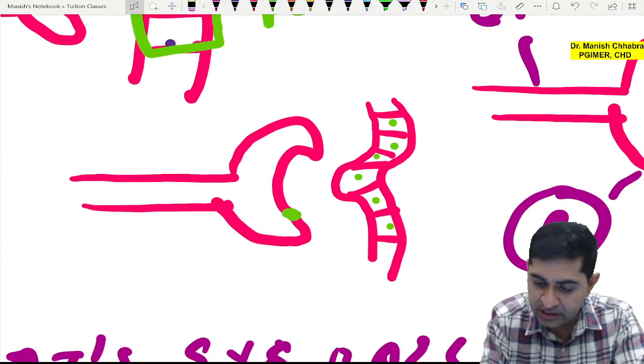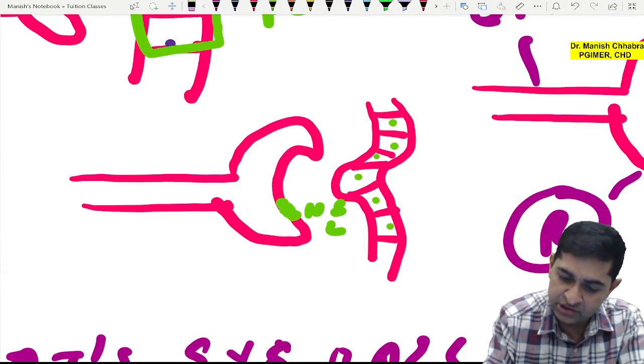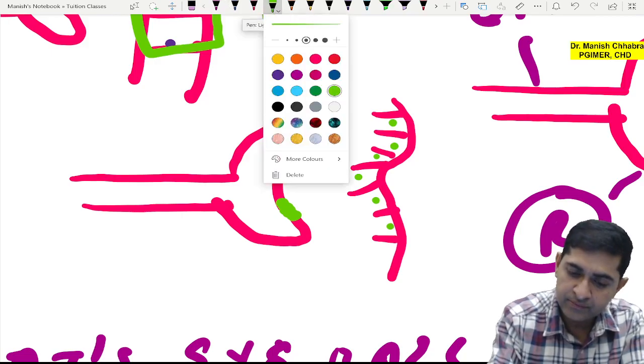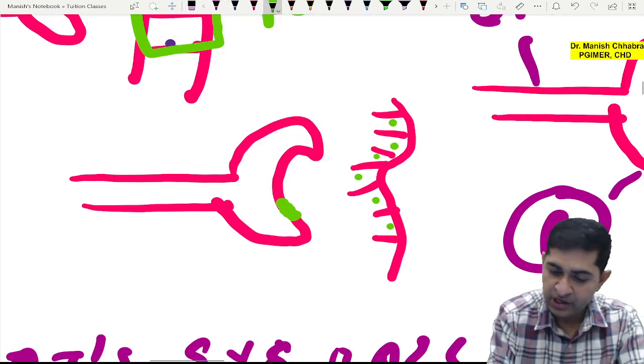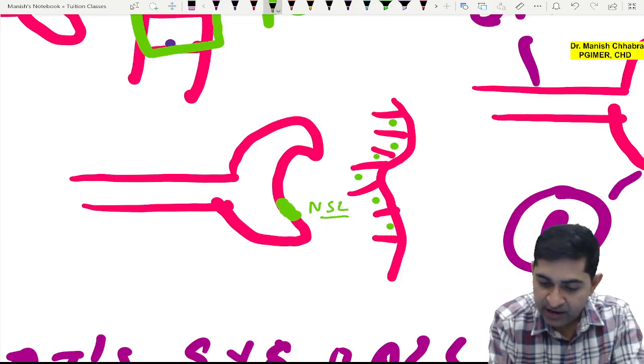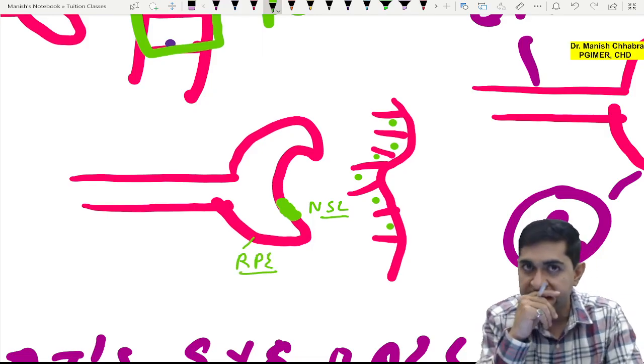So this is your inner layer. This is known as the neurosensory layer, while this is known as retinal pigmented epithelium.